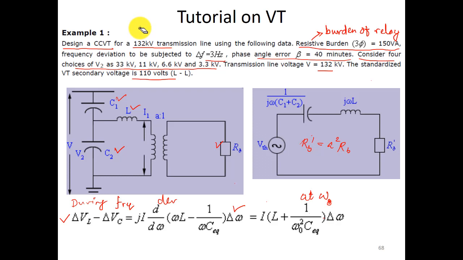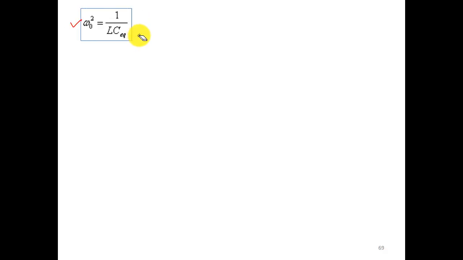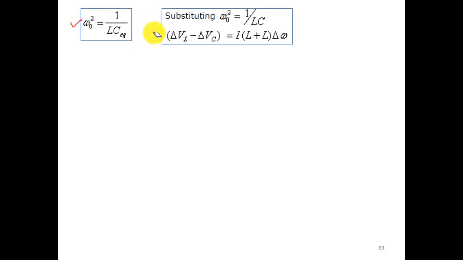Now we know that omega naught square is equal to 1 by LC equivalent. Substituting this in the previous equation, we'll find this is in fact L times C equivalent.